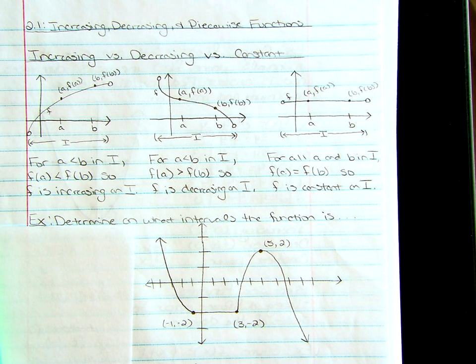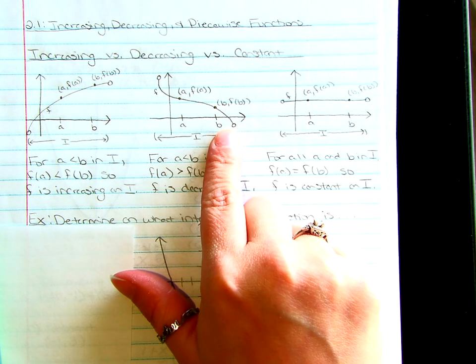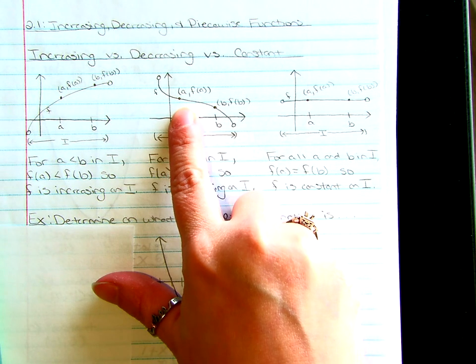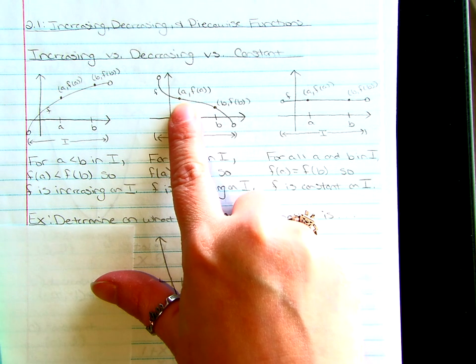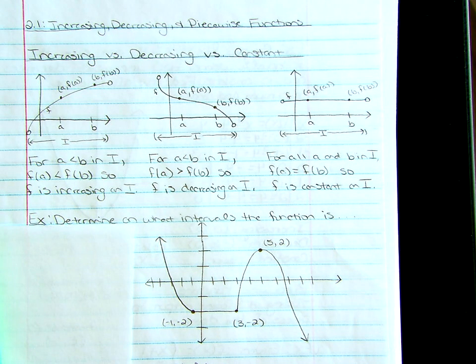So if we look at the middle graph up here at the top, it says if A is less than B on our x-axis, but if the y value is greater for f of A than it is for f of B, then you are decreasing. If you look at a graph and read it from left to right and it's going down, then it's decreasing on that interval.